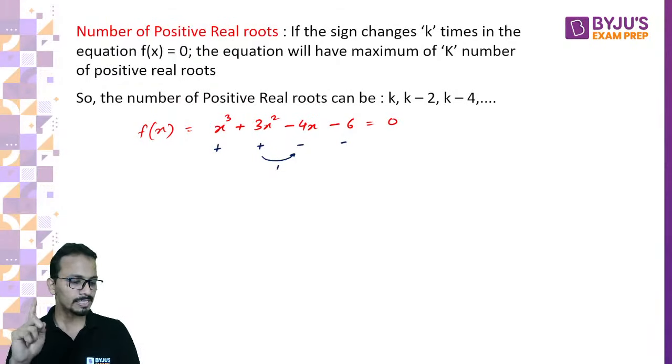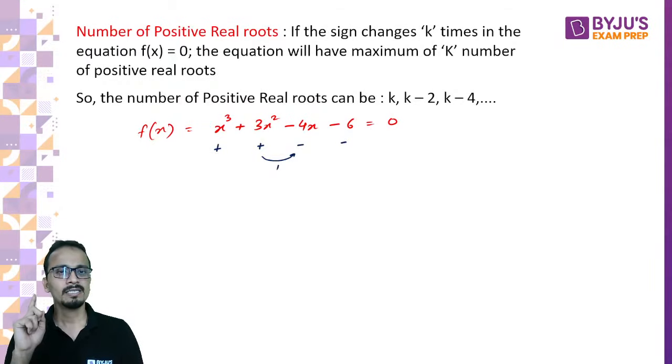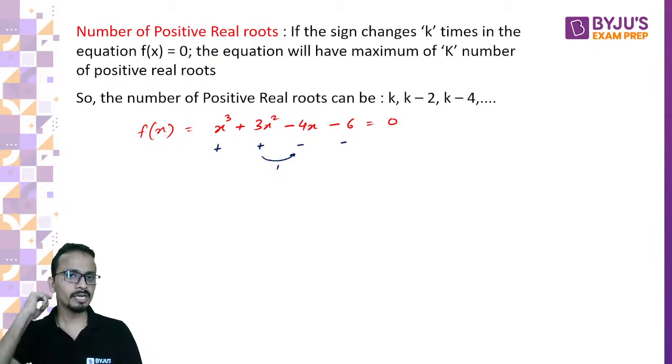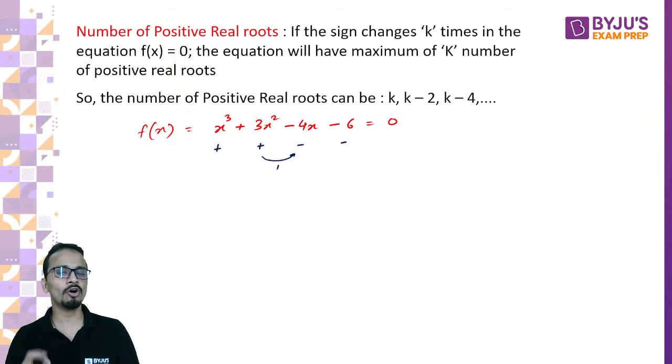Since in this case the sign change has happened only once, this equation can have a maximum of 1 positive real root. Don't worry, I'll definitely take more examples.